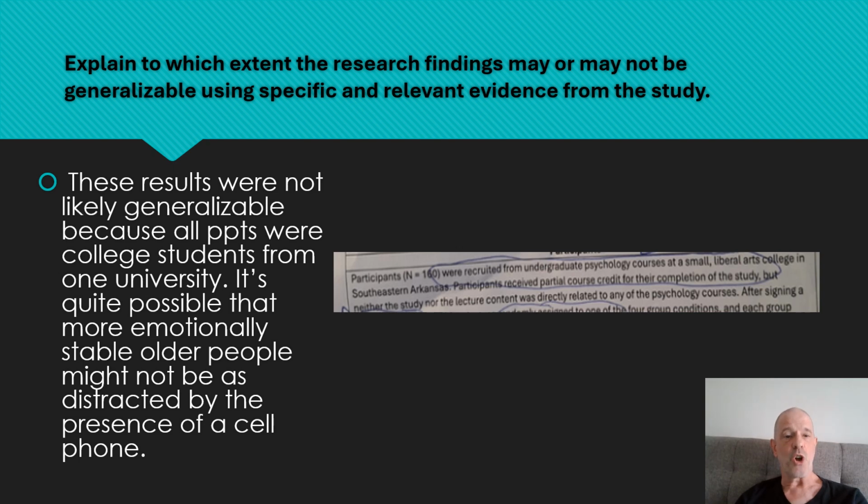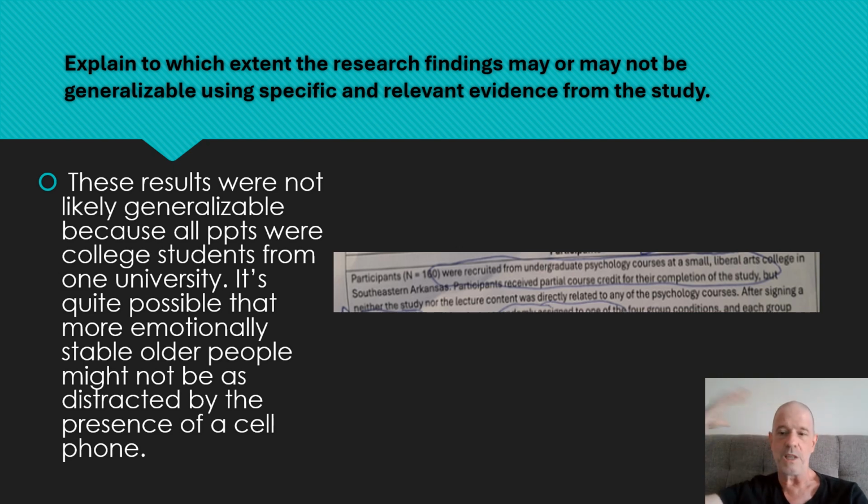So the results were not likely generalizable because all participants were college students from one university. Again, maybe that's enough to score, but I think that would be a problem with the College Board. Notice what I wrote. It's quite possible that more emotionally stable older people, I know you look at me and say, I'm more emotionally stable. Oh, okay, but it tends to be true.